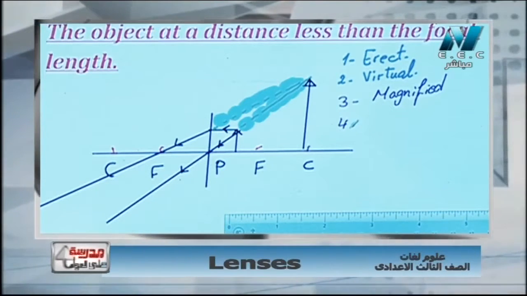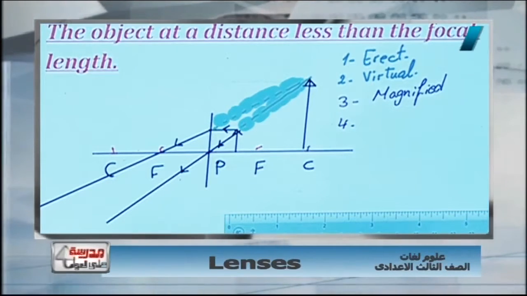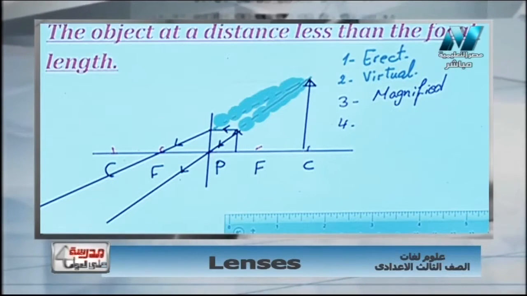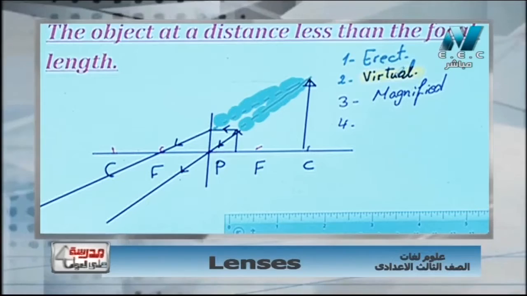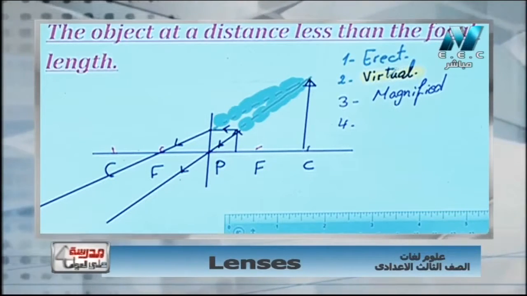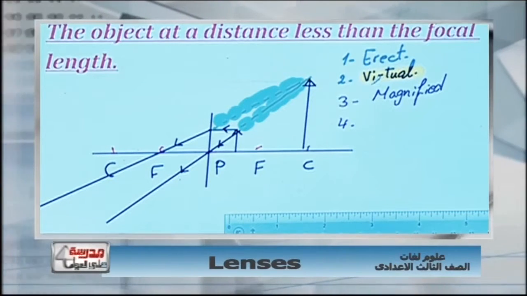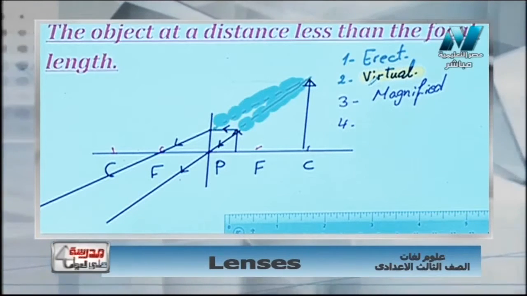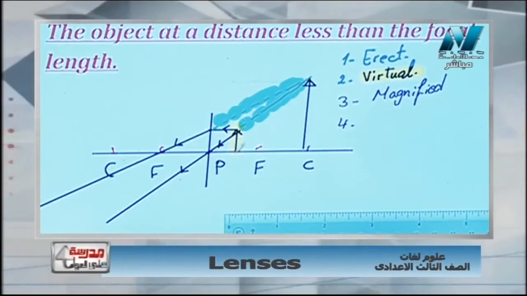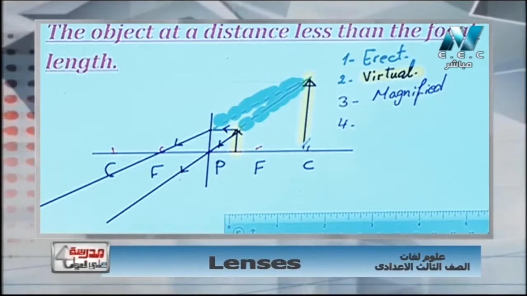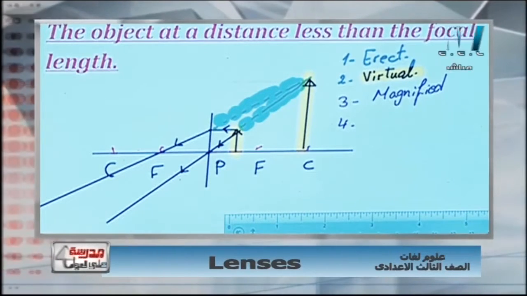Number four, the position of the image. Here we can write the position of the image, because this image is virtual, so we will determine the image position by using another object, يعني أحدد مكان الإيمج بجسم تاني. So the image in this case is behind the object.